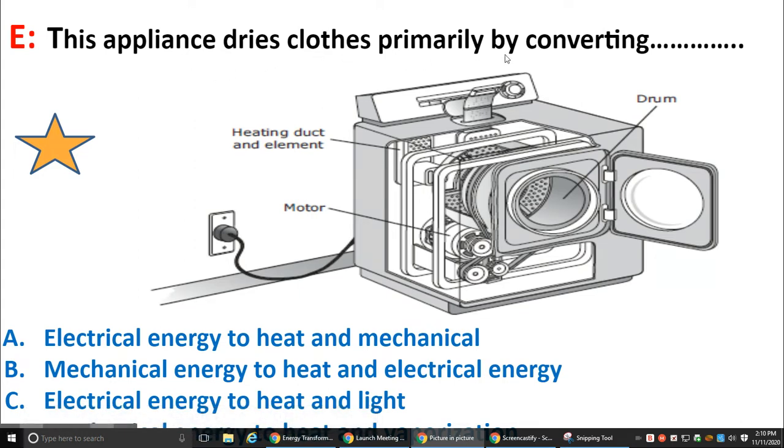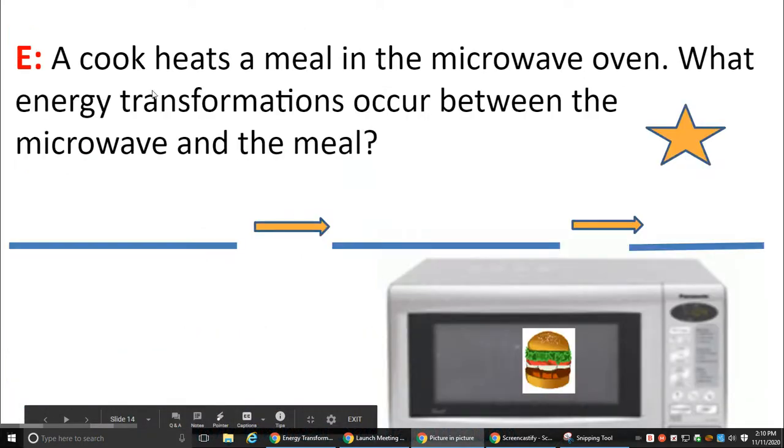This appliance dries clothes primarily by converting electrical energy into heat energy into mechanical energy. Remember, anything that you plug in is electrical, okay, and the dryer heats, it's thermal energy, and then we have movement, which would be mechanical energy.